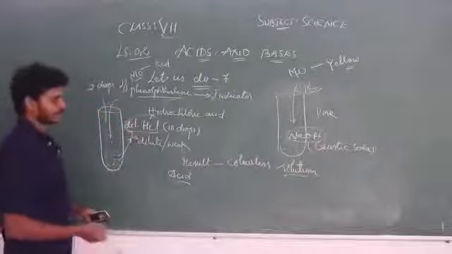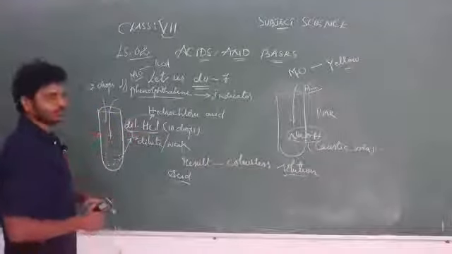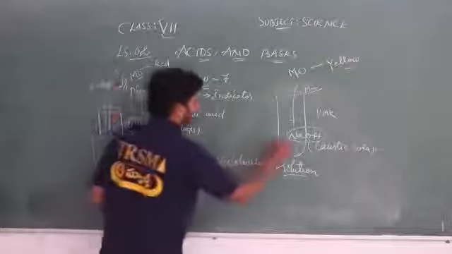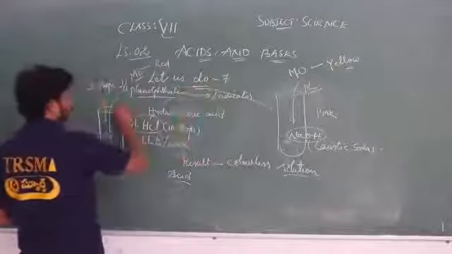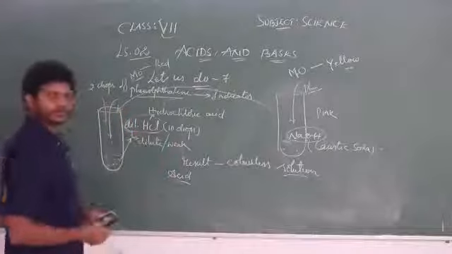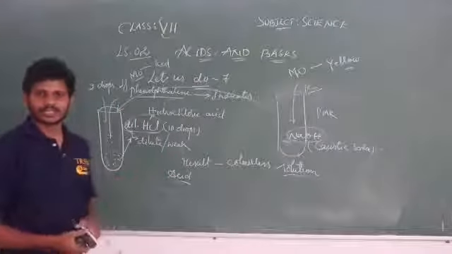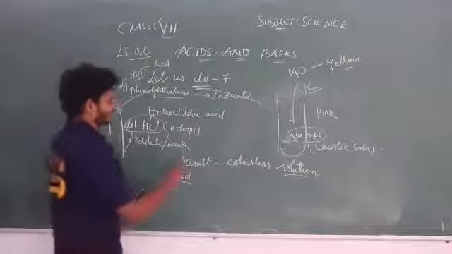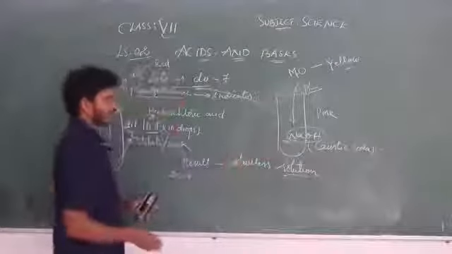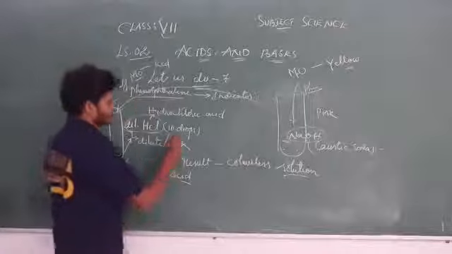Now we understood this is a base and this is an acid. So into the first test tube, you added a few drops of NaOH. Into which color does it change? That is HCl and NaOH. So what happens?